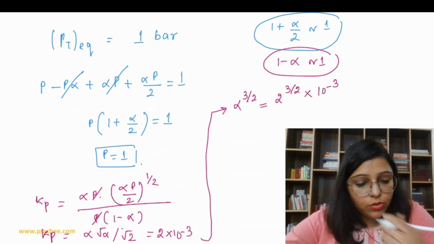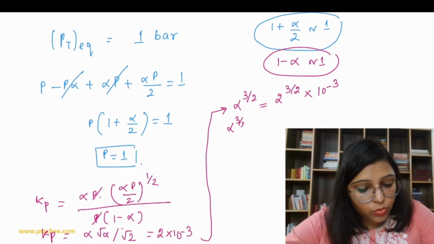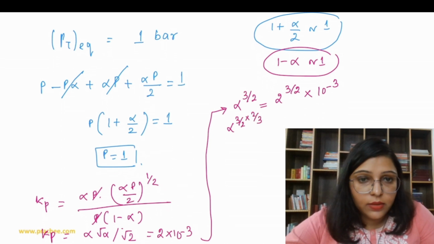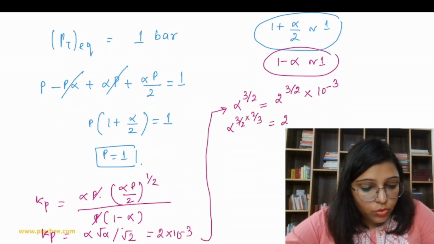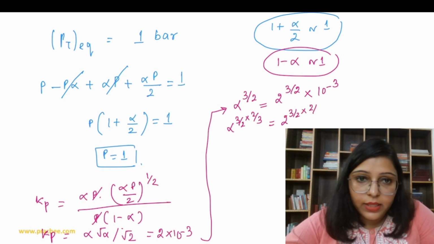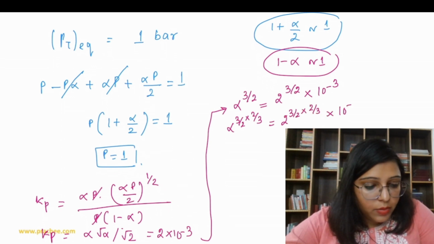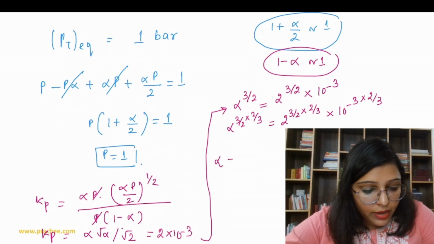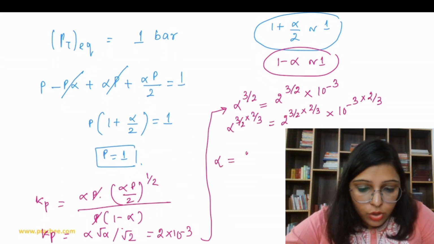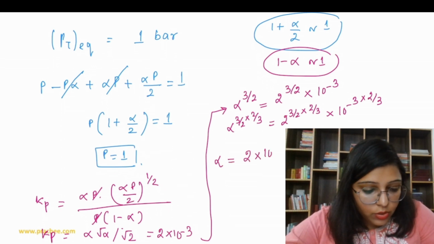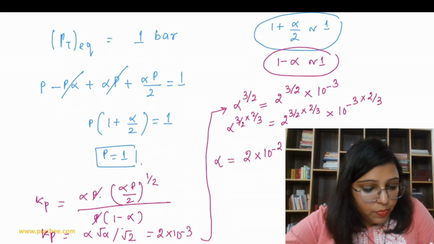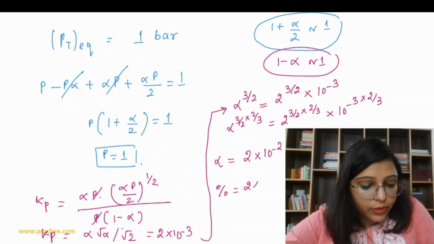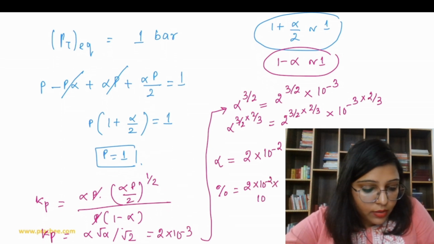अब now how to solve this question? So see, alpha 3 by 2 को let me multiply this by 2 by 3. So here 2 3 by 2 into 2 by 3. And here 10 to the power minus 3 into 2 by 3. So on solving we get alpha equal to 2 into 10 to the power minus 2. अब now percentage is equal to 2 into 10 to the power minus 2 into 100.